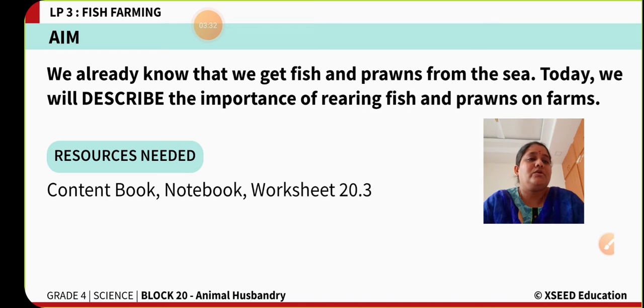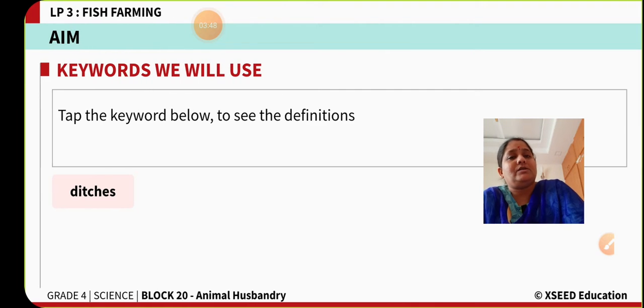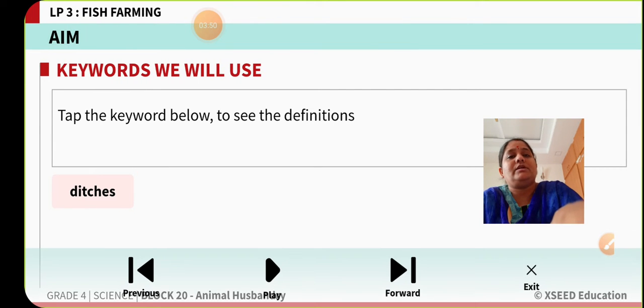It is also one of the good small scale business sectors. Nowadays farmers are turning to fish farming because they are able to earn a good income from it.